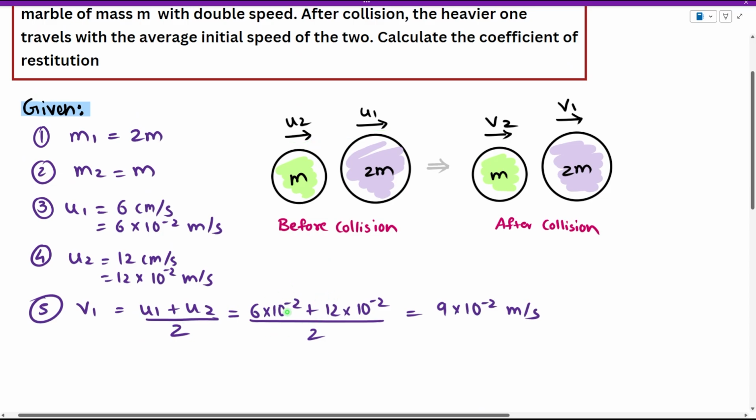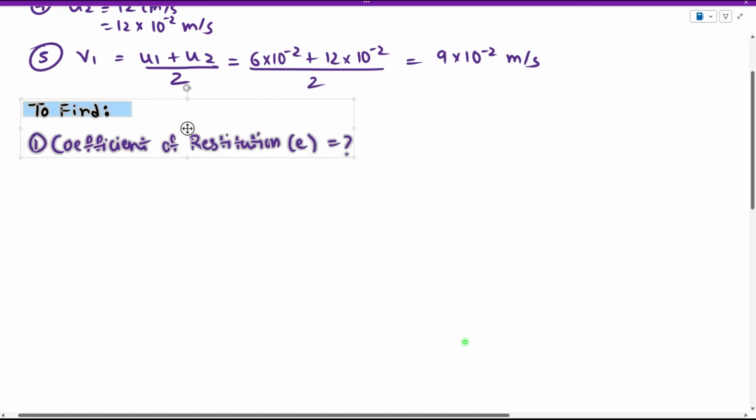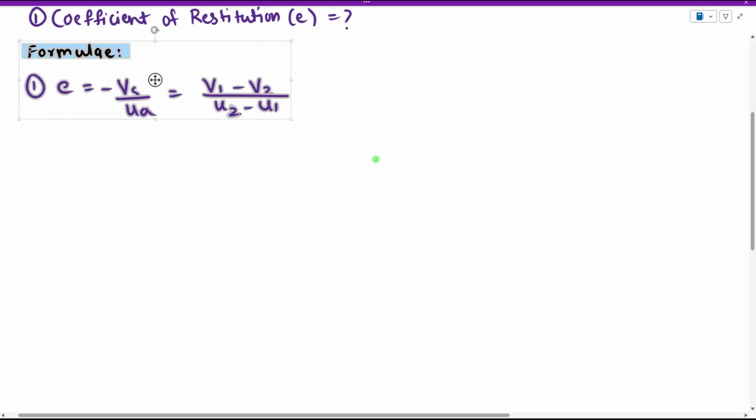If we were to substitute the values and calculate further, we would get v1 as 9 into 10 raised to minus 2 meters per second. And now that we have sorted our given data, we quickly browse through the formulas to find the relevant one, as we have to find the coefficient of restitution. And how do we find the coefficient of restitution? Well, we know one formula for it, as per the definition.